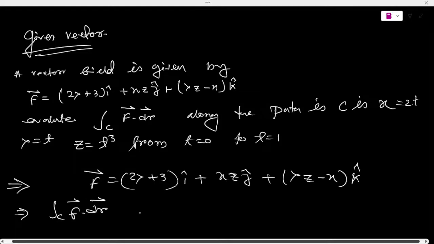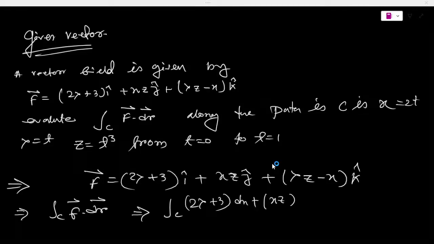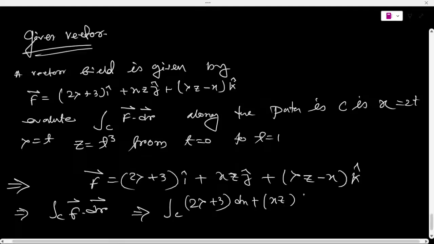So F dot dr will be what? F dot dr, over that closed curve C, is 2y plus 3 into dx, plus x and z, plus xz dy.